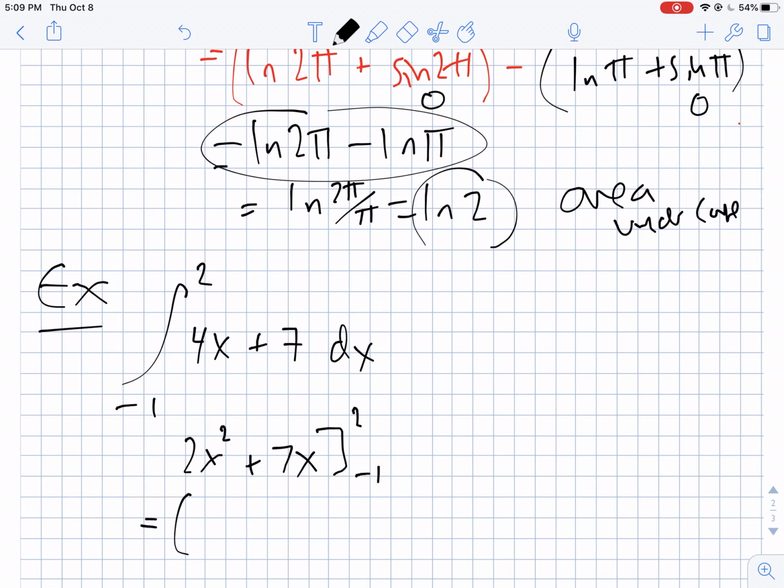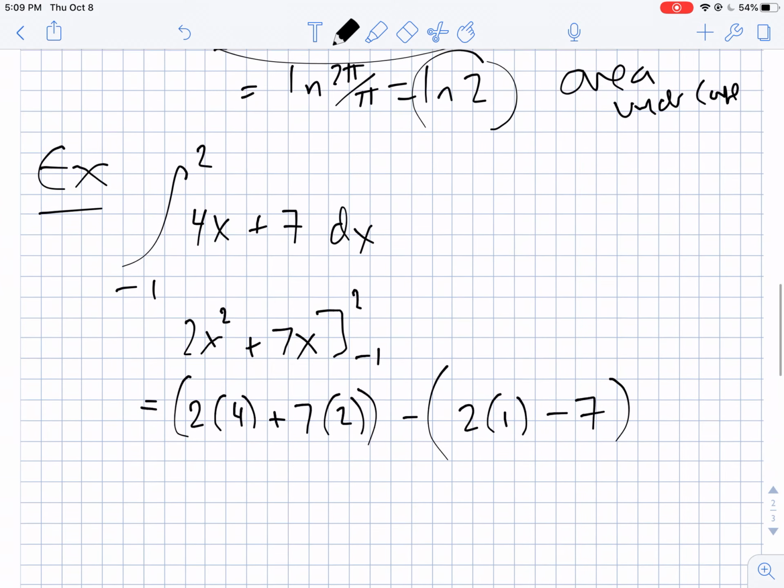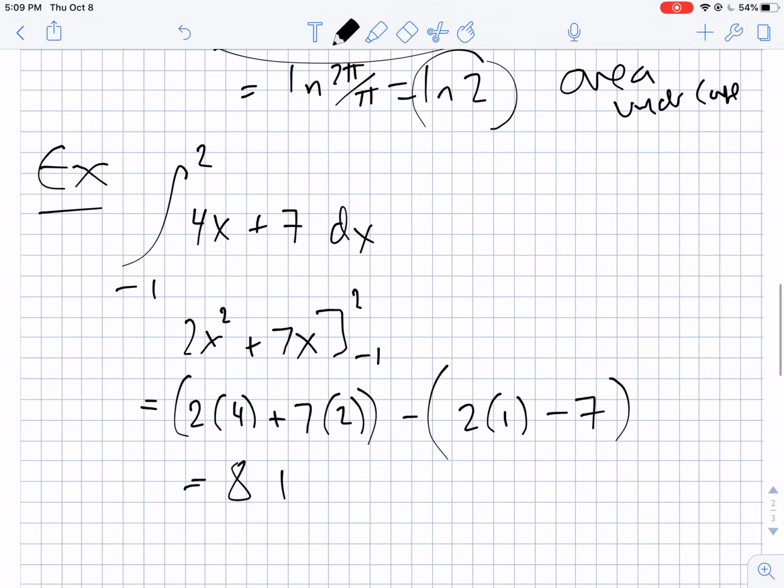When I plug in a 2, I get 2 times 4 plus 7 times 2. Then I subtract the whole thing with -1 plugged in, so 2 times 1, and then minus 7. So I get 8 plus 14 minus a minus 5, which turns out to be 27.